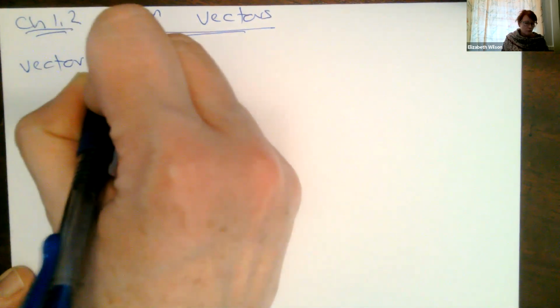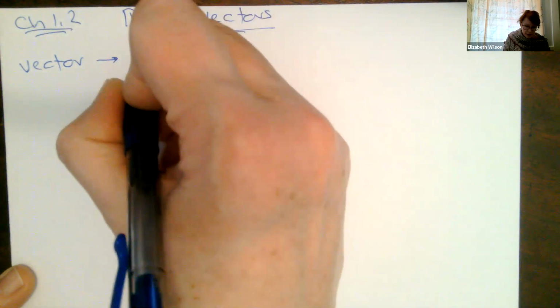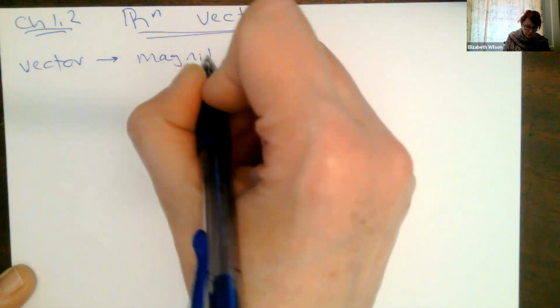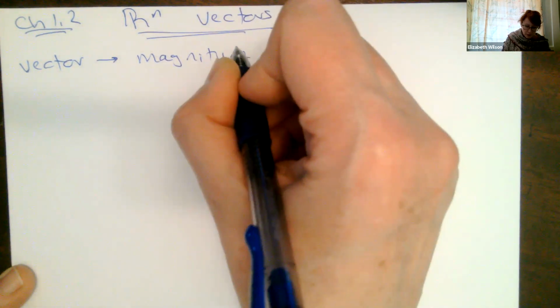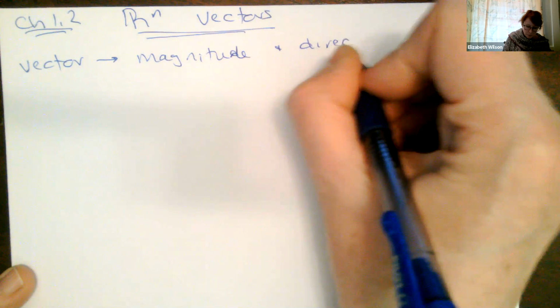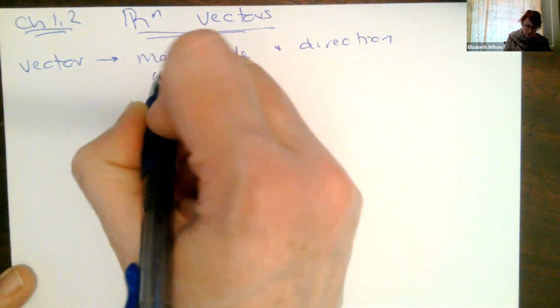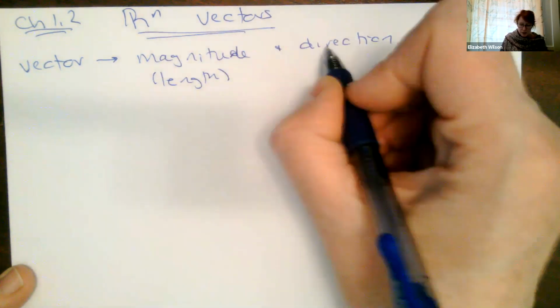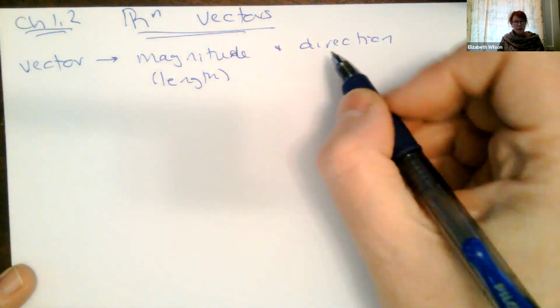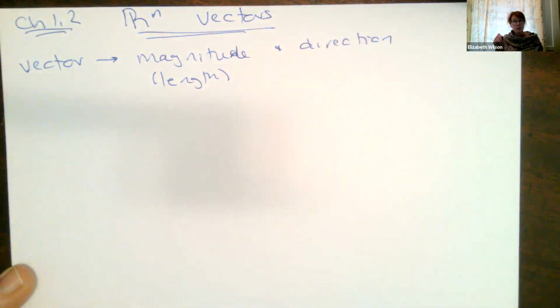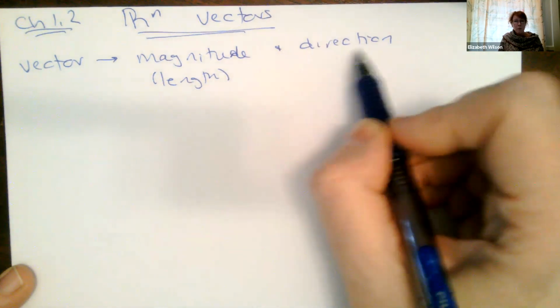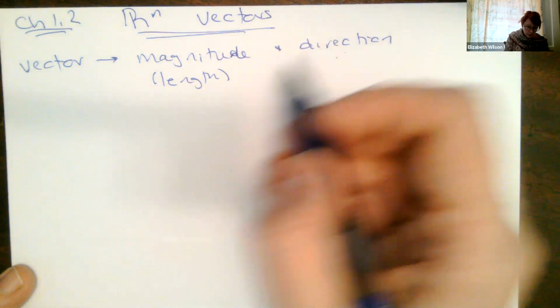Right now let's talk about some basic properties. When we have a vector, and we covered some of this in chapter 3 a little bit, a vector has a magnitude and direction. Magnitude basically tells us the length of the vector, and direction is actually a mathematical property, though we tend to think of it as which way it's pointing. We're going to talk about it in detail today too.